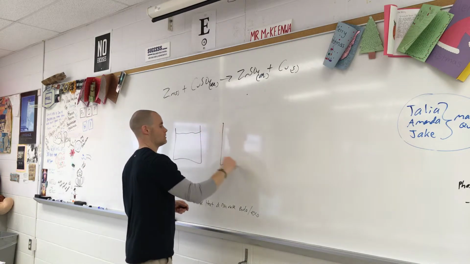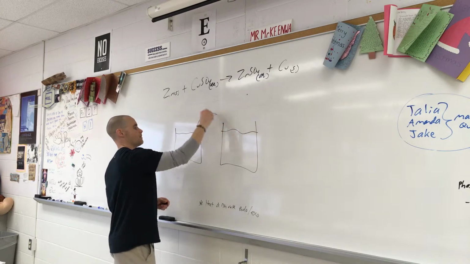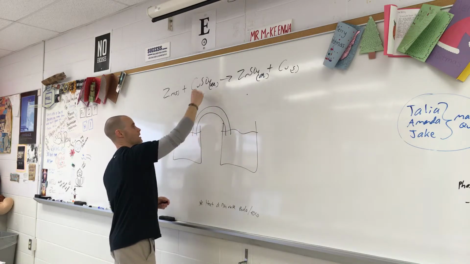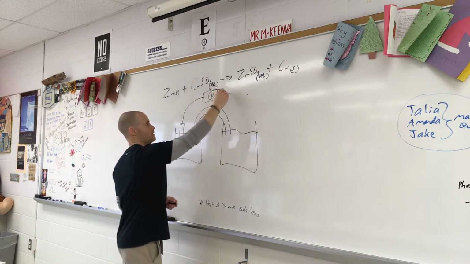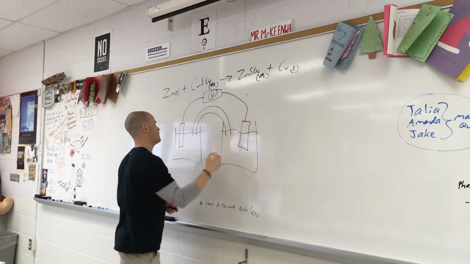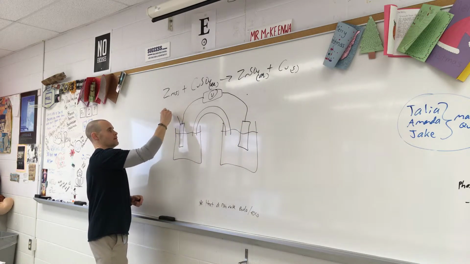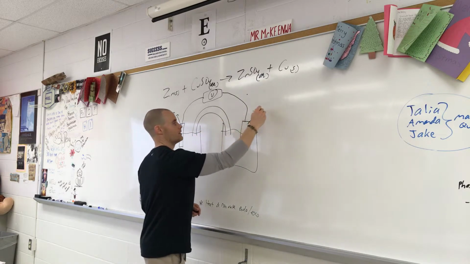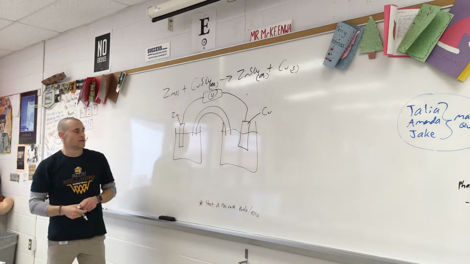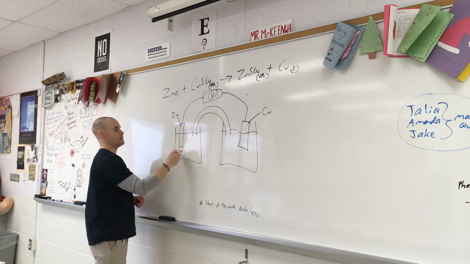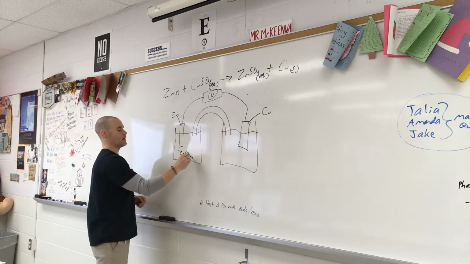All right, so we got this thing here. This will be a voltmeter. And we got this thing here. And we got this thing here. This here is zinc. This here is copper. In here is ZnSO4 aqueous.